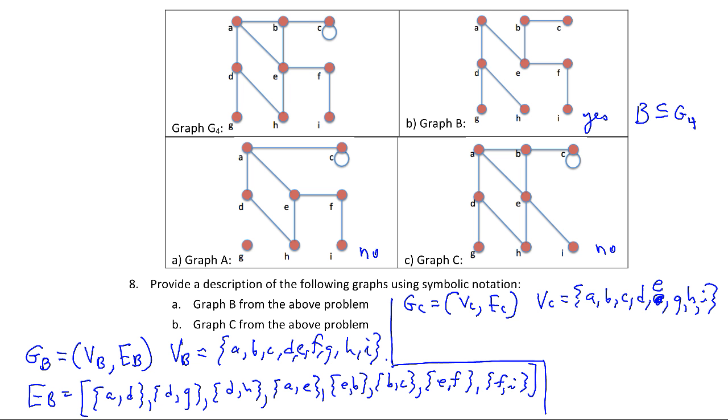Now my edges, the graph C, include AD, I'll just kind of go around, DG, DH, let's see here, AD, AE.